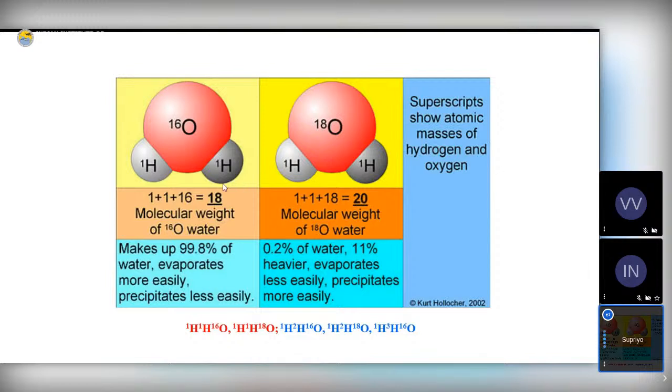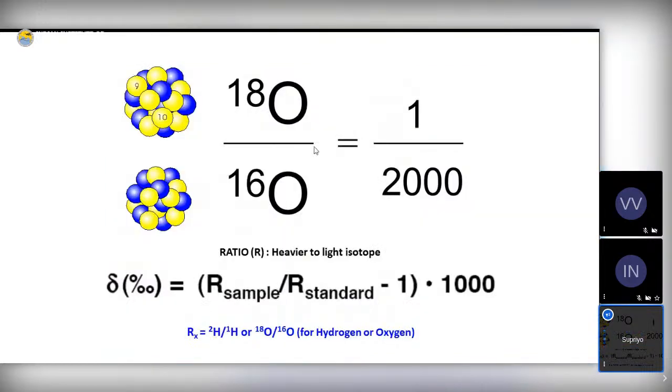Because of this mass difference, the physical characteristics differ. For example, when evaporation and condensation take place, the different isotopes move at different rates. During the evaporation process, the lighter isotopes escape faster compared to the heavier isotope.